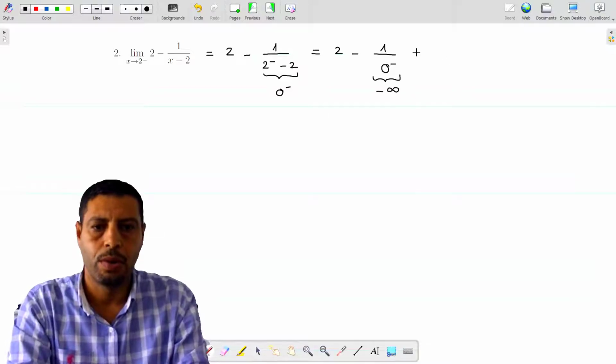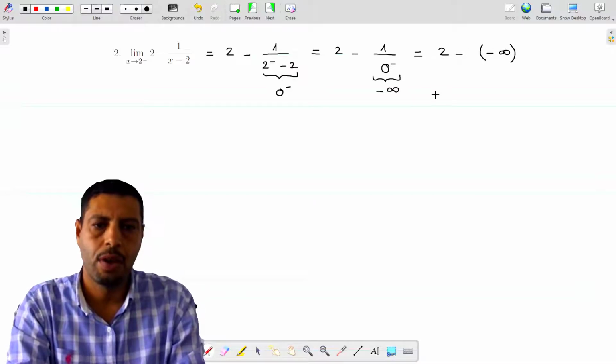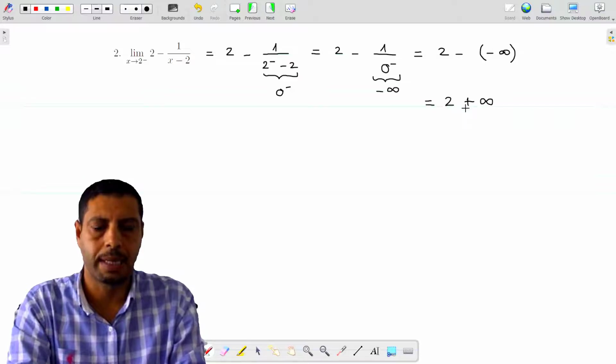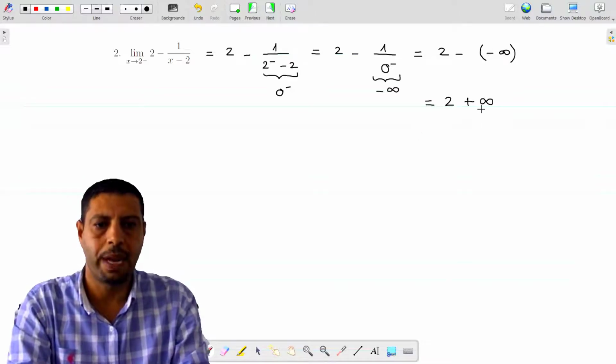Okay? So our limit is equal to 2 minus negative infinity, which is equal to 2 plus infinity, okay? The 2 minus signs here become a plus. Now, what is 2 plus infinity?